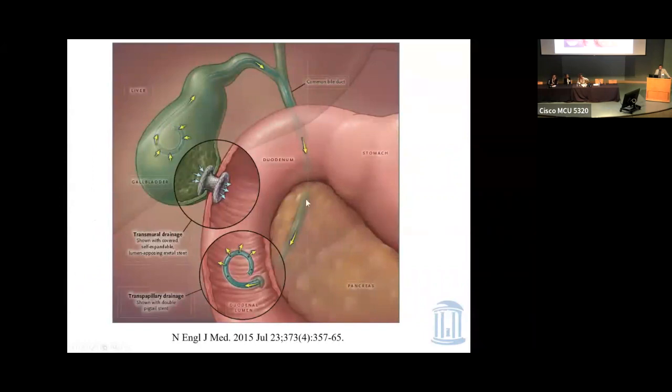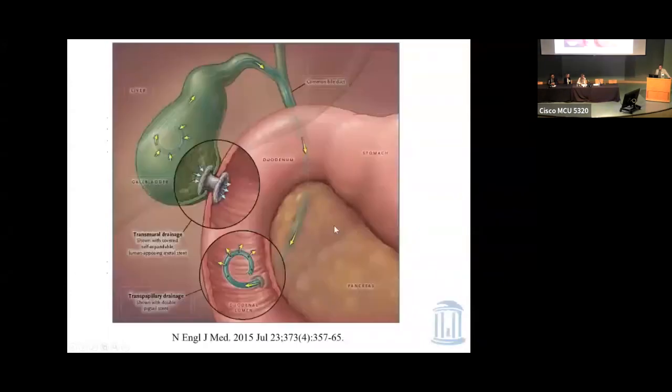One is transpapillary, so cannulation as you would for an ERCP, selectively entering the cystic duct, and placement of a stent. Usually we're dealing with double pigtail stents into the gallbladder. The other option that's being utilized more frequently is the placement of a luminal apposing metal stent, usually from the duodenum to the gallbladder for cholecystoduodenostomy.